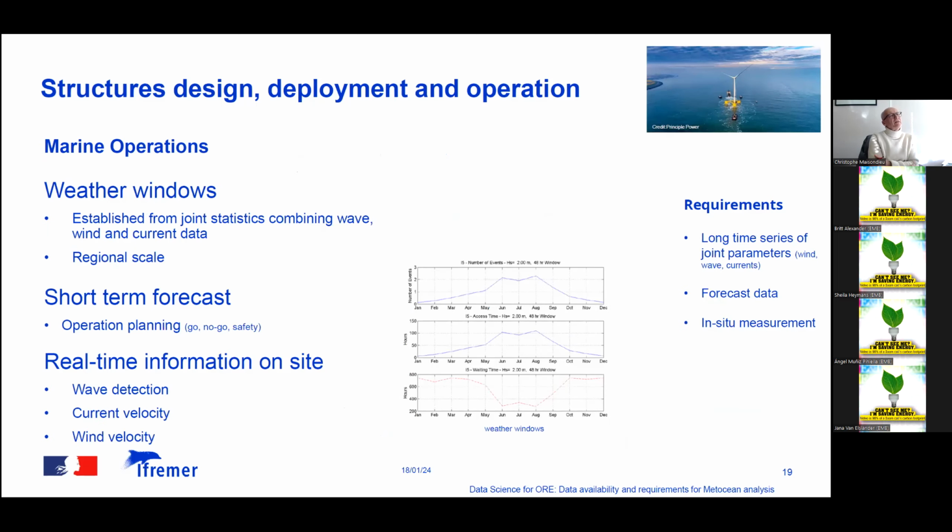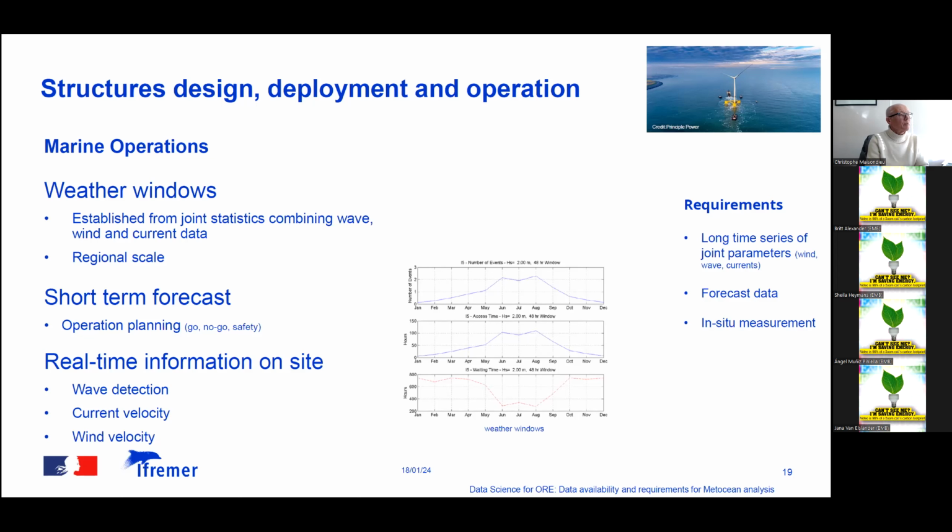If we look at the marine operations, in order to deploy and to maintain these structures, we have to assess weather windows. That is a period of time during which the weather, or I would say mainly the wave height, wind velocity and current velocity, will stay below a given threshold.